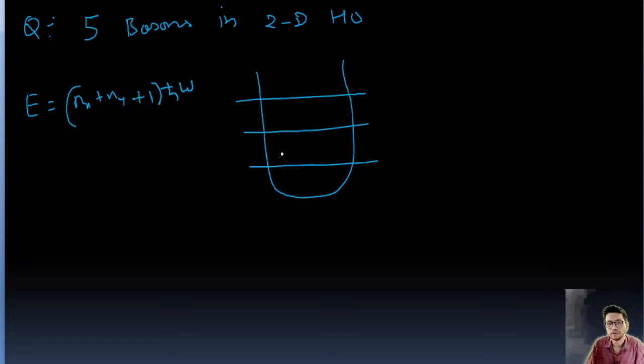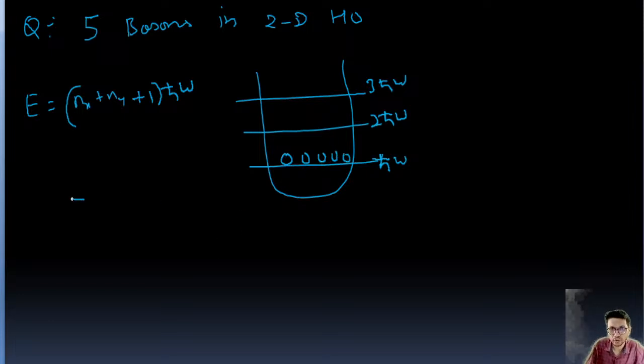This is the one. Here you can see the energy is going to be, for the ground state, h cut omega, then 2 h cut omega, 3 h cut omega. And 5 bosons in a 2D harmonic oscillator means all 5 will be here in the ground state.